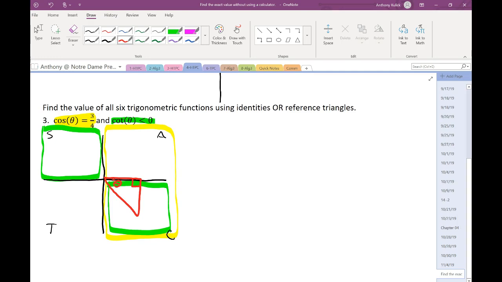Now I'm going to go back to the fact that cosine of theta is 3/4. Remember that cosine is adjacent over hypotenuse. So the adjacent side is 3, and the hypotenuse is 4. I can then use the Pythagorean theorem to solve for the other side.